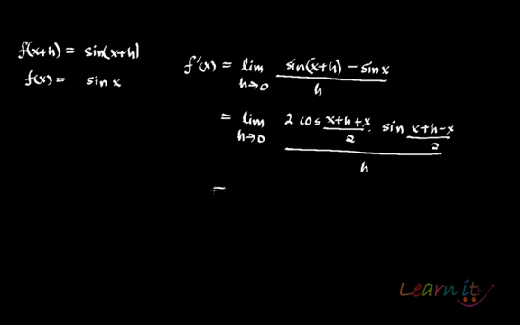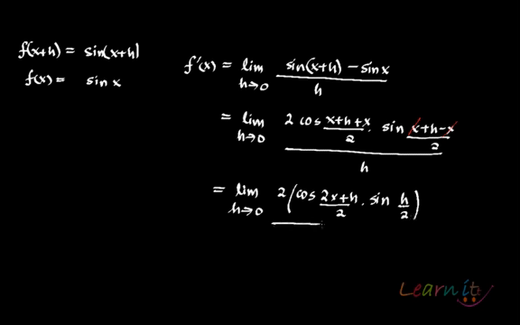So the limit as h tends to 0 becomes 2 cos((2x + h)/2), and sin x and x will cancel out, and we have sin(h/2) divided by h.